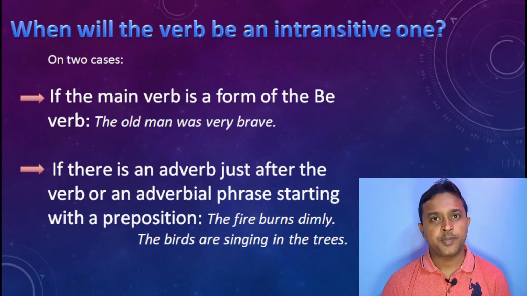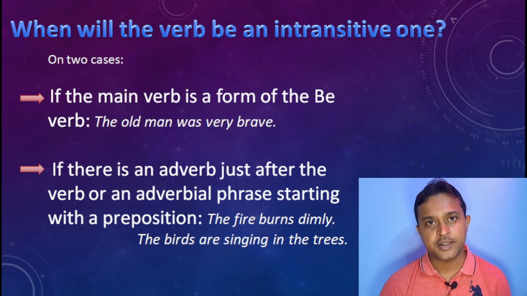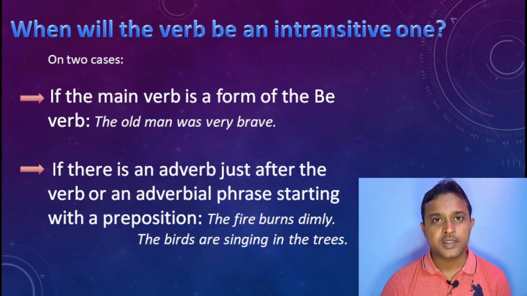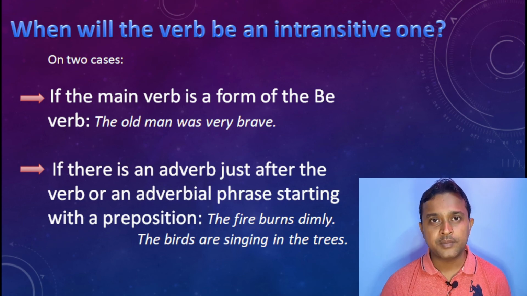We should remember that in two cases, the verb in a sentence must be an intransitive one. If the main verb is a form of the be verb, and if the main verb is followed by an adverb or an adverbial phrase starting with a preposition.